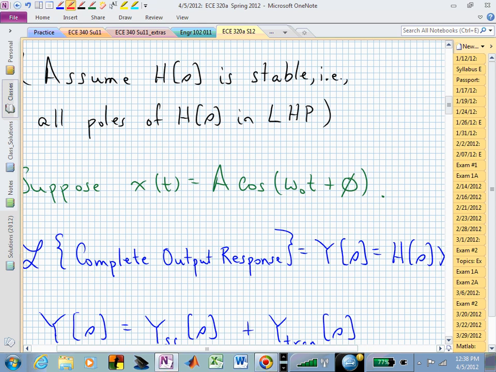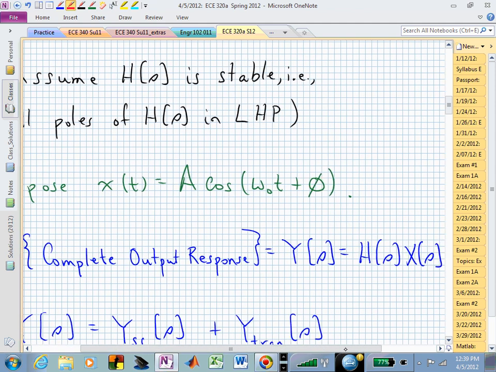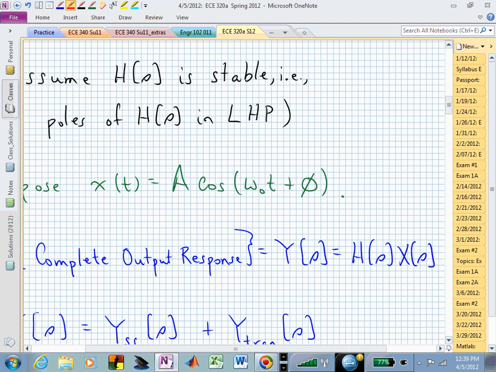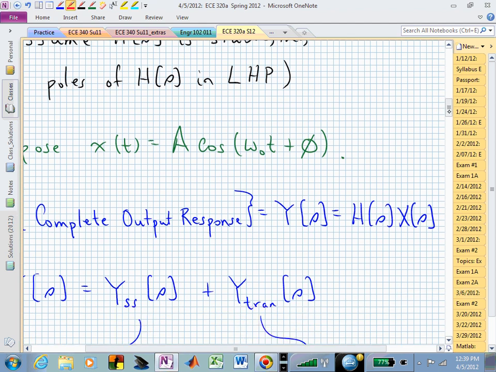We're hitting our system, capital H of S, with that sinusoidal signal. And we know if we wanted to find the total or complete response, we could simply form the product of H and X and get Y, and inverse Laplace transform that capital Y to obtain the total response, y of t. We're not interested in that.